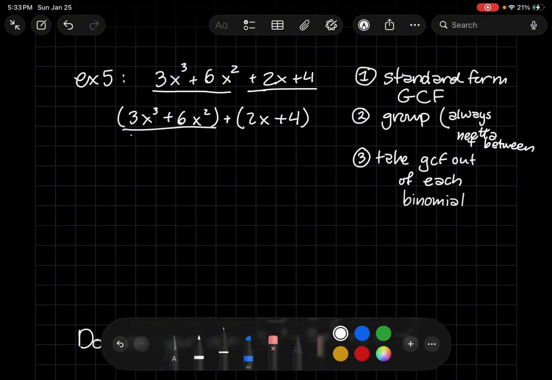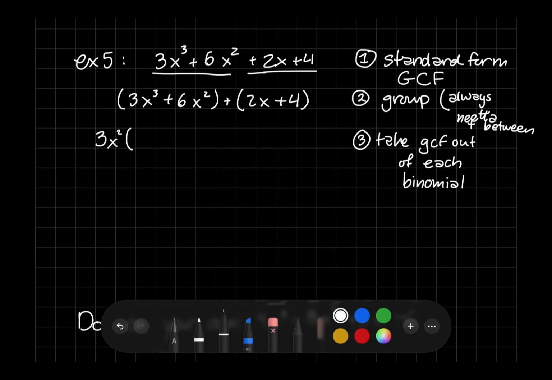Well, I know that 3 goes into both 3 and 6, so I'm going to put 3 on the outside. But what about my variables? I have a variable in my first term and a variable in my second term. Whenever we have a variable in all of our terms, we take the lowest exponent, which here is x squared.